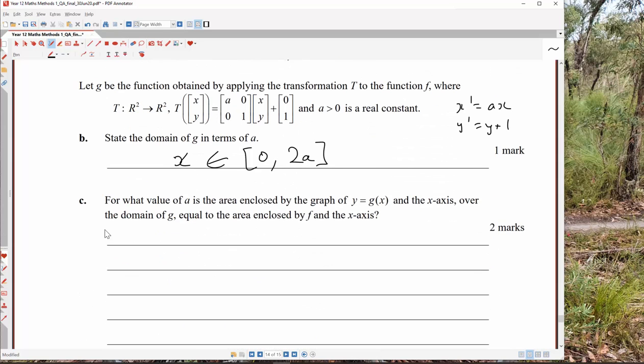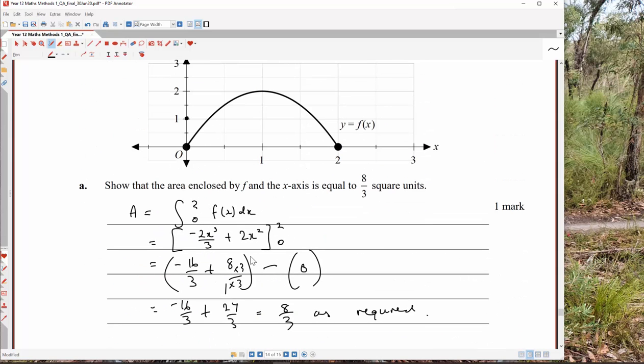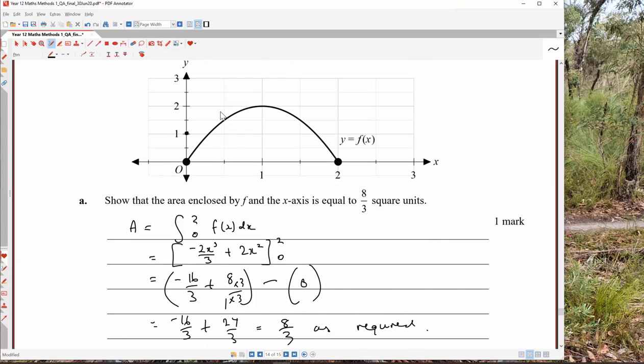All right, for what value of a is the area enclosed by the graph of y equals g of x and the x-axis over the domain of g equal to the area enclosed by f and the x-axis? Essentially, let's say it's dilated. So let's just go a is equal to a half.